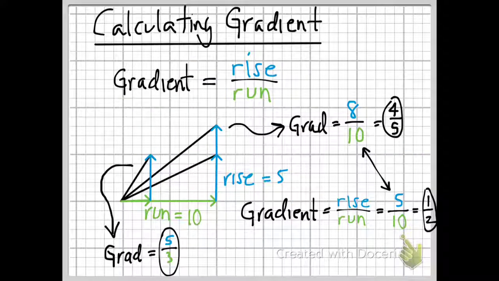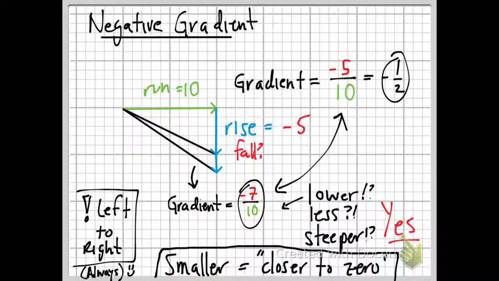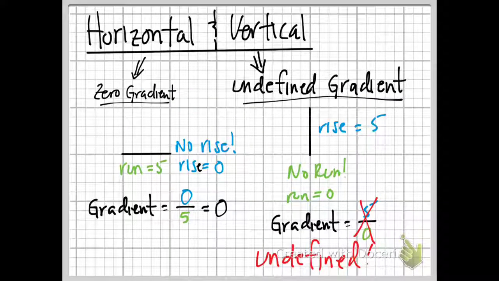We calculate the gradient using the formula rise over run. Okay, negative again is when it goes down. And even when there's a lesser number, a lower number, that means it's actually bigger if they're negative. So that's the steeper line. Okay, and remember that horizontal lines have 0 gradient and vertical lines have undefined gradient.